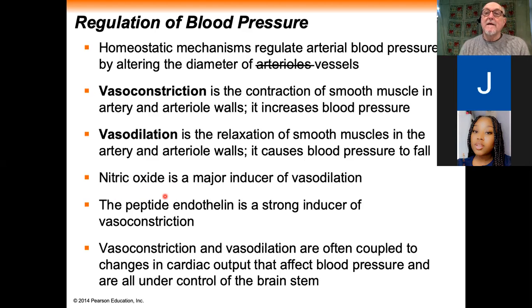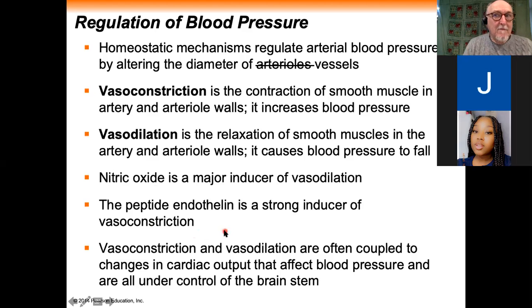And it won't surprise you to learn that the very popular pill Viagra influences the body by causing the release of nitric oxide, especially in the genital region. That's how Viagra works. It increases the dilation of blood vessels with obvious effects.